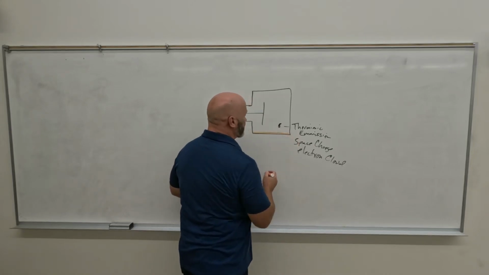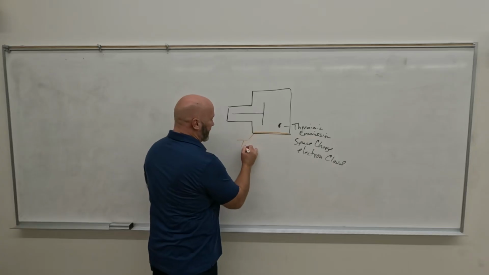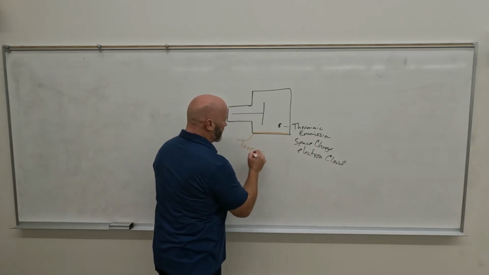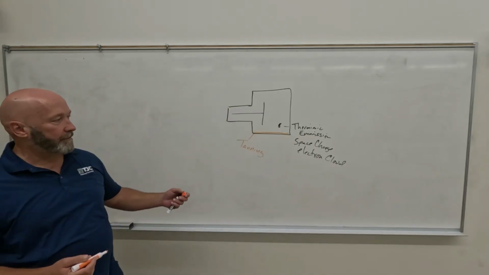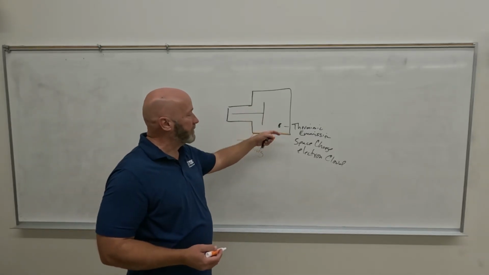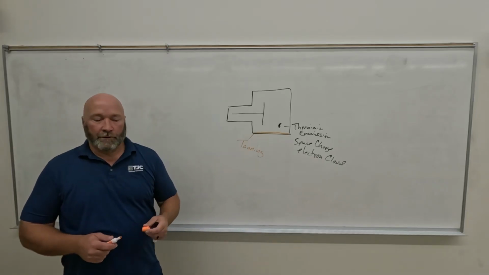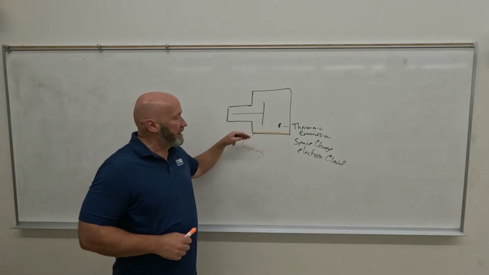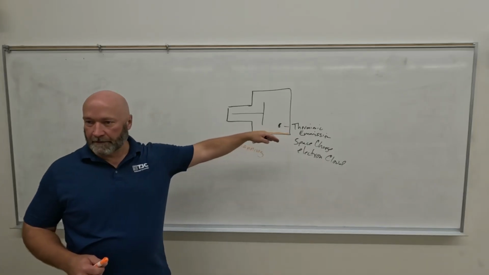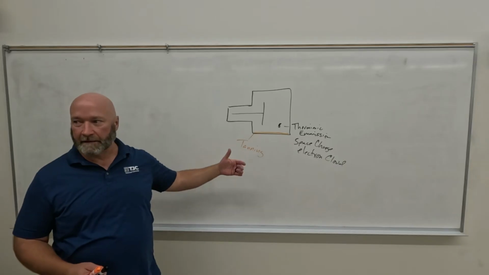So to coat the inside of the X-ray tube, that's what we refer to as tanning. Tanning of the X-ray tube is caused by the vaporization of the filament. You may get a little bit off the anode, but it's primarily vaporization of the filament. So you've got a very thin layer of tungsten now on the inside of the X-ray tube.